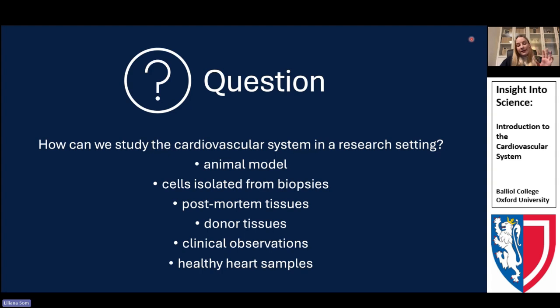And that is one setting where we can access healthy individuals to study to have a comparison between healthy and disease. And it becomes a bit tricky when it comes to healthy heart samples, because if you think about it, healthy hearts are not really accessible in the sense you don't send a healthy patient to surgery to get some samples from their heart. It just doesn't happen.